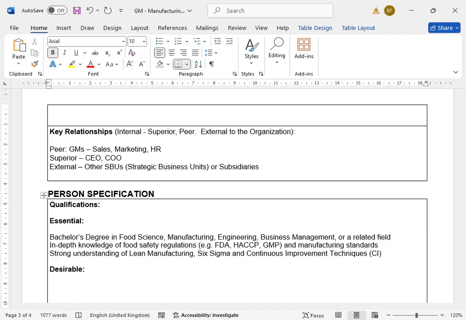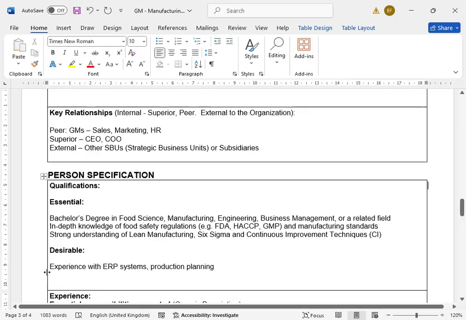As for the desirable, I would say experience with ERP systems, production planning, because you will be doing this function at the same time, since these functions are under him.